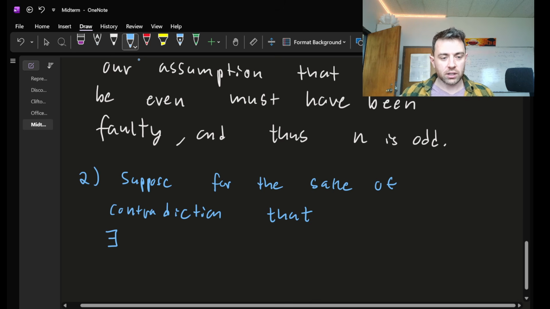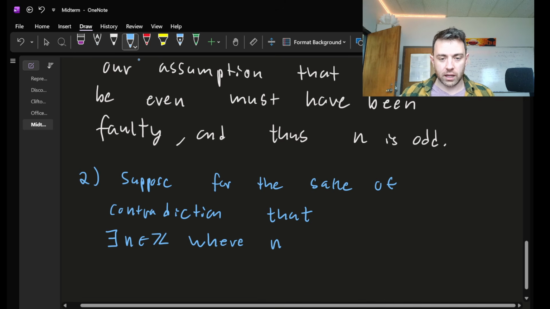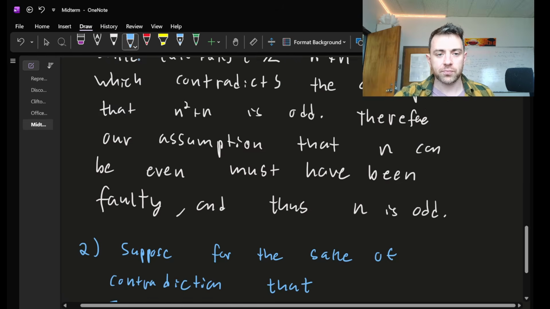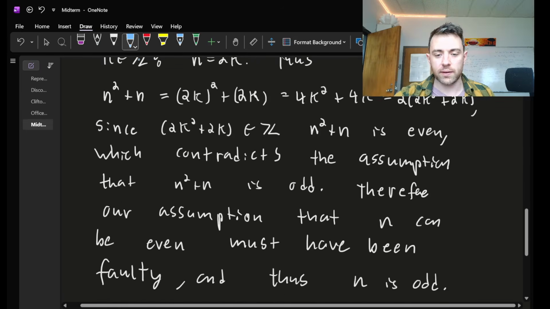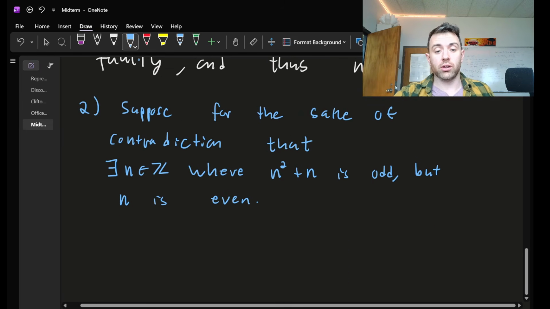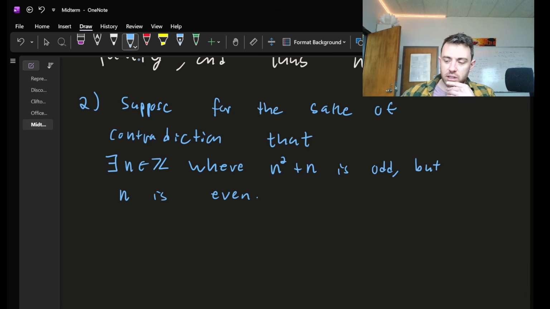So we assume that there exists an n in the integers where n squared plus n is odd, but n is even, right? That's just taking the negation of the statement that we want to prove, right? And now the proof actually from here follows almost entirely. Now you could launch into unpacking what it means for n to be even.